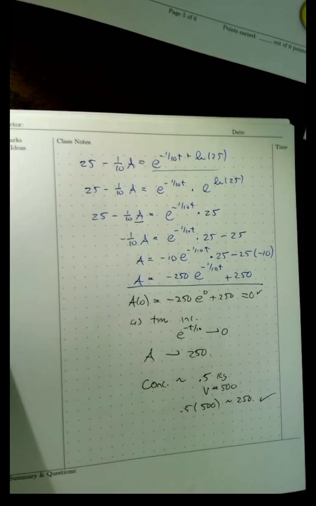So I would have a differential equation where the rate of change of A is 25 minus 50 over the volume times A, and initially I have 0 kilograms of salt in the tank.